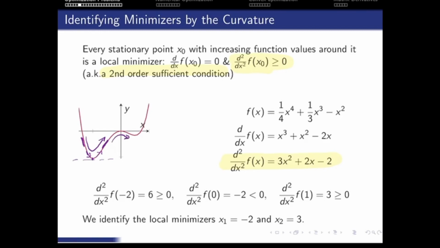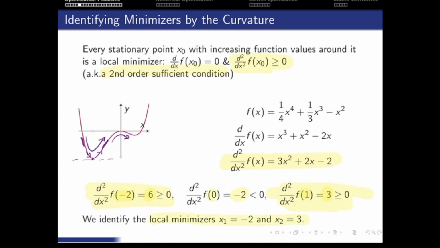We insert our possible minimizers in the second derivative, and then we check the value, and then we see that for the left and the right possible minimizers we have a positive curvature, and then we conclude that we have local minimizers x1 and x3 actually equal to 3.